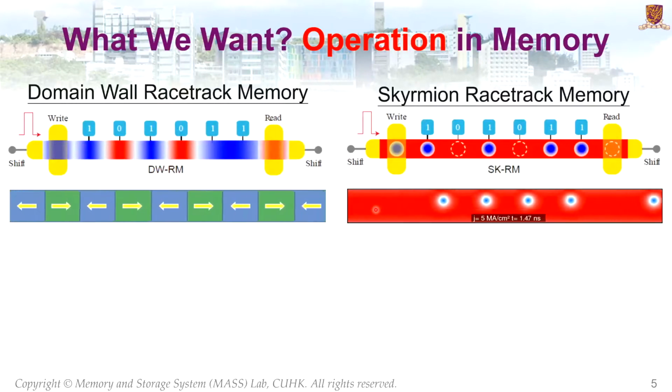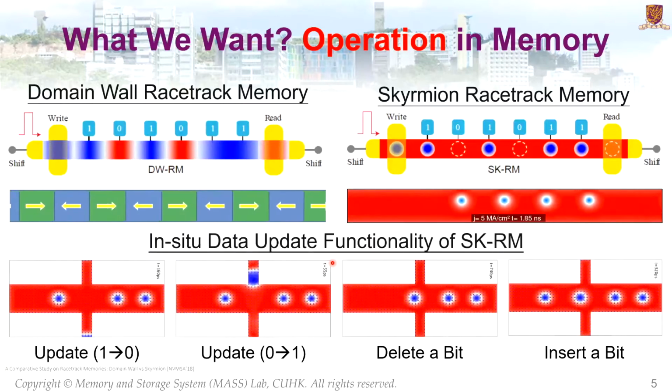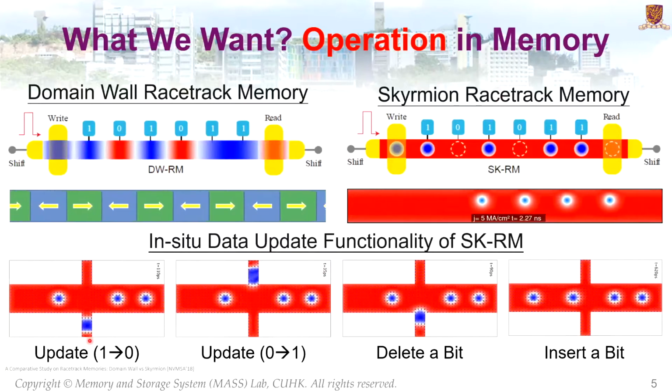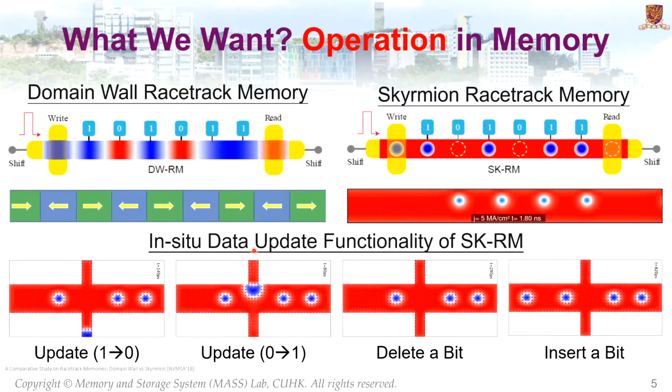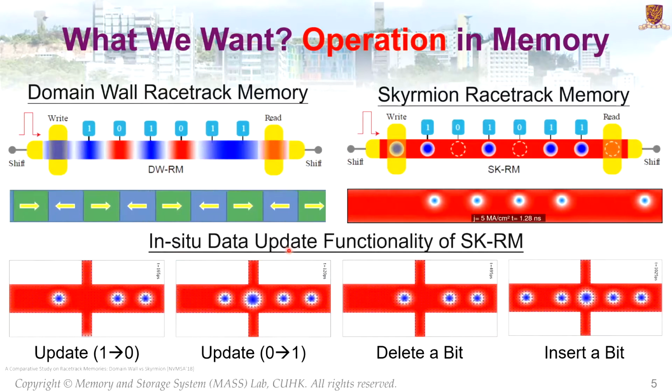That's something we cannot do with traditional memory. Another promising feature brought by the Skyrmion racetrack memory is that we can even do in-place data update, which also cannot be done using conventional memory technologies.